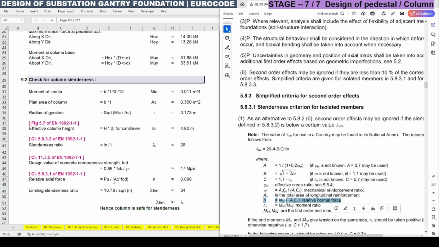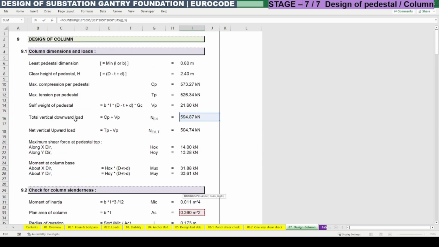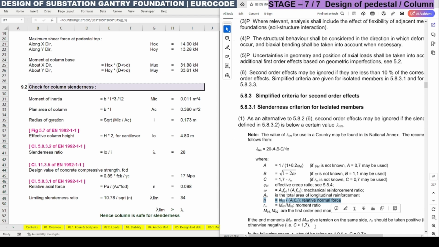AC, we already know, is the plan area of the column, and FCD we just calculated as 17 megapascal, and PU equals NED. PU we already calculated, the total vertical downward load, which is the summation of the compression load from the structure and, in addition, the self weight of the pedestal. Applying these values into this equation, we are getting 0.098 as the relative axial force, which is stated in clause 5.8.3.1.